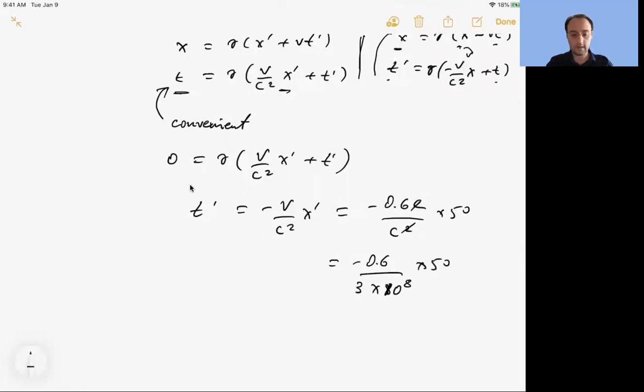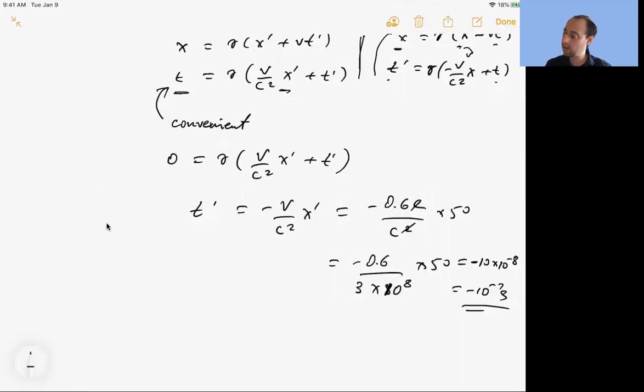So 0.6 times 50 divided by 3. Well, it's 10. So that's minus 10 times 10 to the minus 8, minus 10 to the minus 7 seconds. Voila, we get what we got before, sort of in one shot.